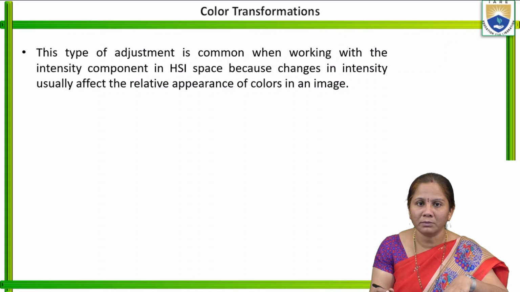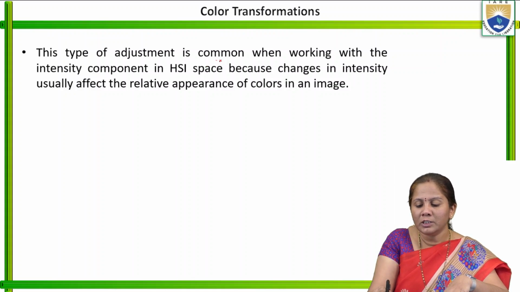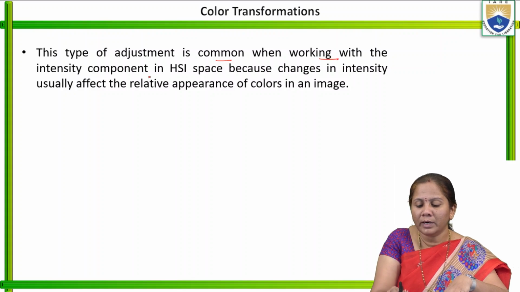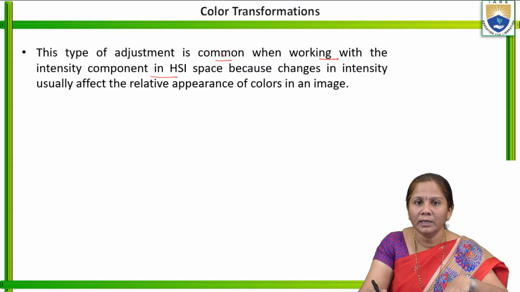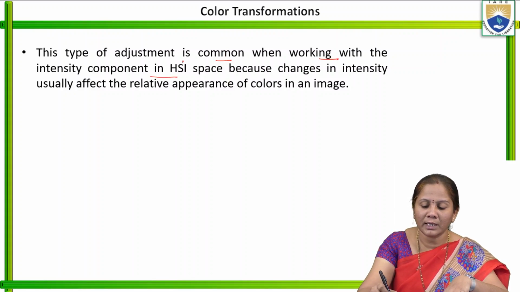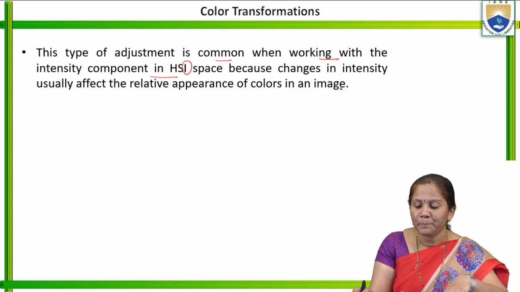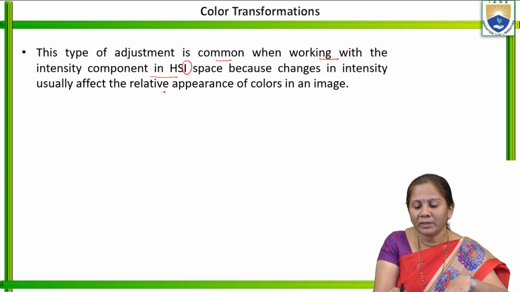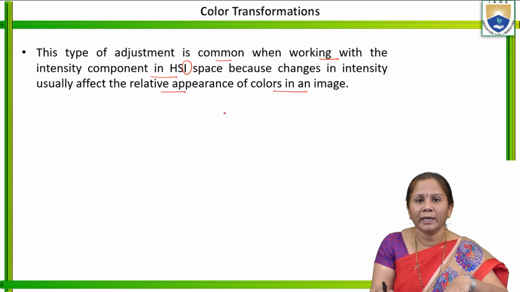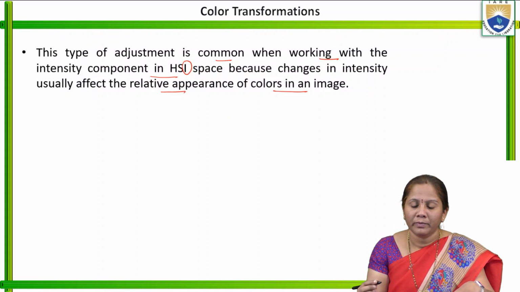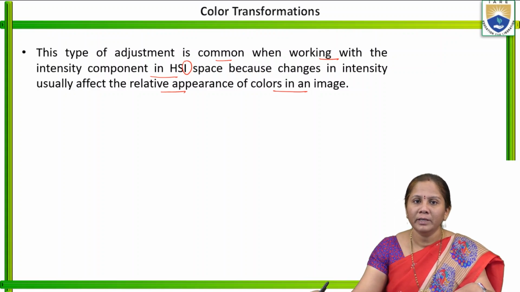This is the adjustment that should be done commonly when working with the intensity component in the HSI color model. In the HSI color model, I represents intensity. It usually affects the relative appearance of the colors in an image. So the colors available in the image will be modified by applying this histogram equalization.